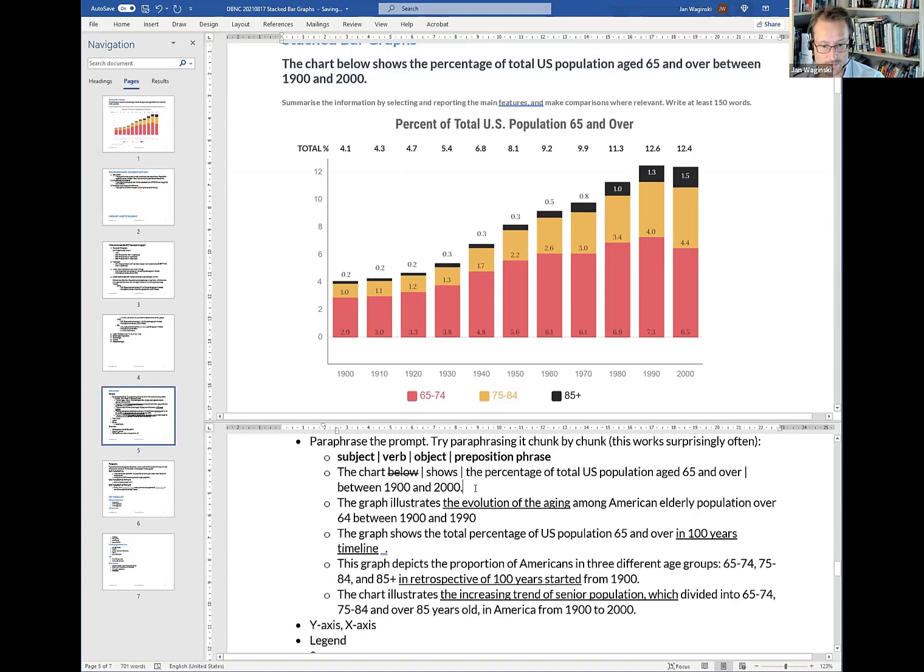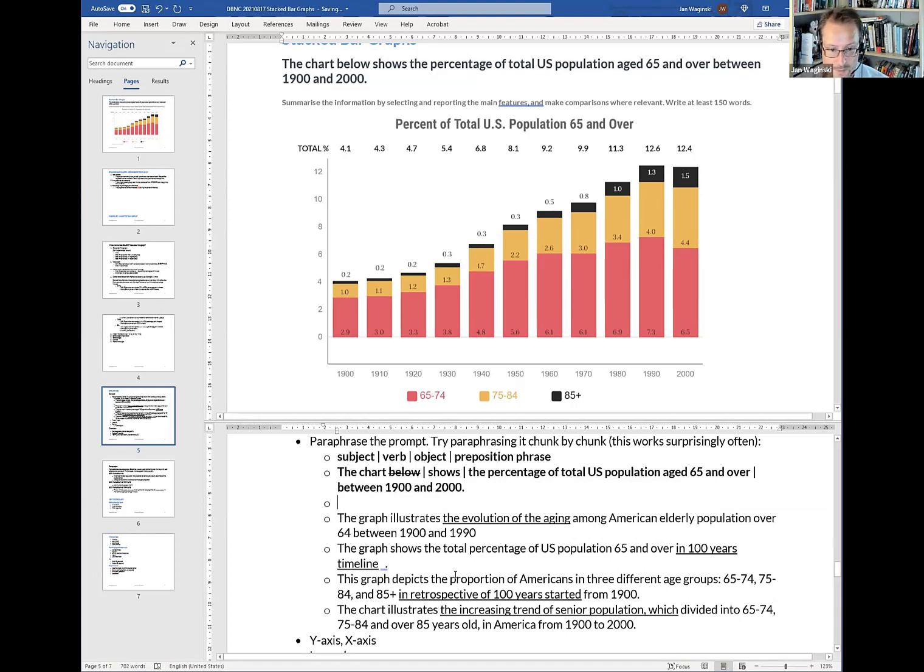Let's make a composite. Maybe that'll help us. So this first one here is the original. Let's take it piece by piece. So from the first one, let's keep the graph illustrates. The chart shows, the graph illustrates. Now, the percentage of total US population aged 65 and over. What's a synonym for the percentage? Portion.